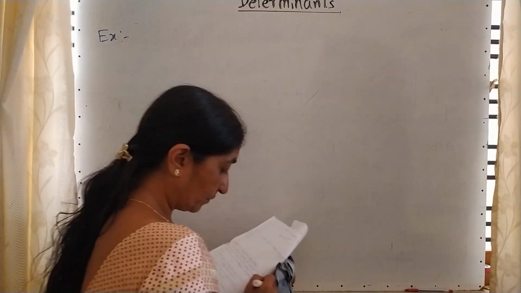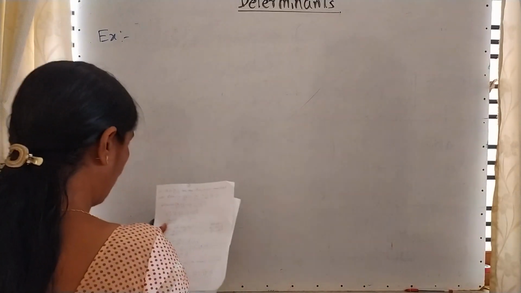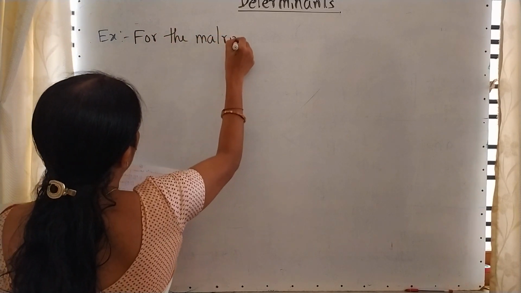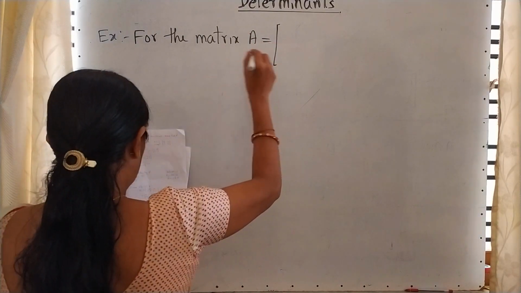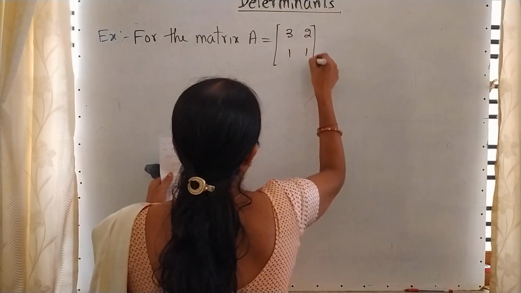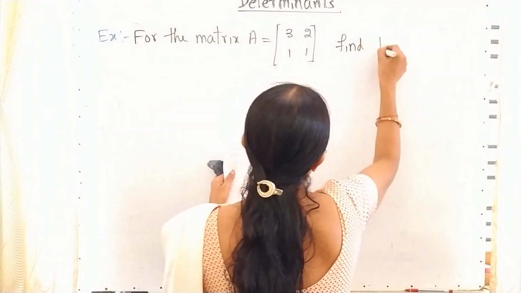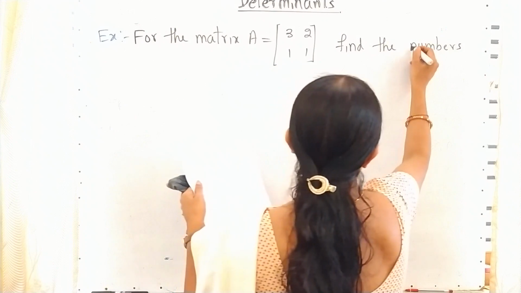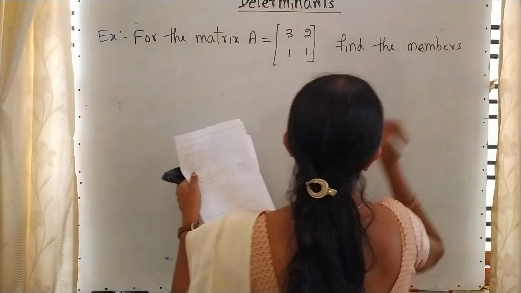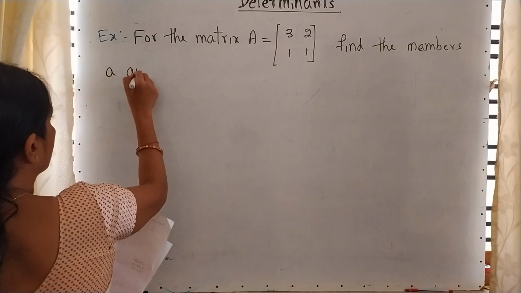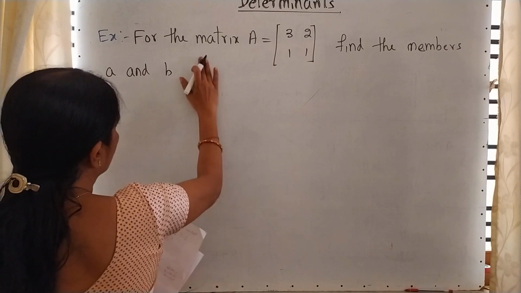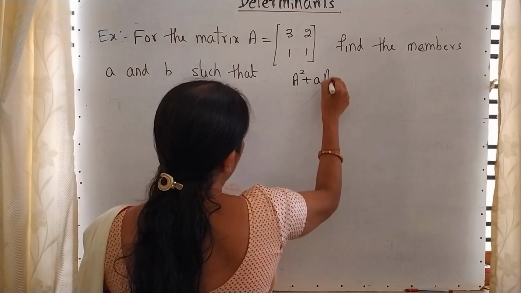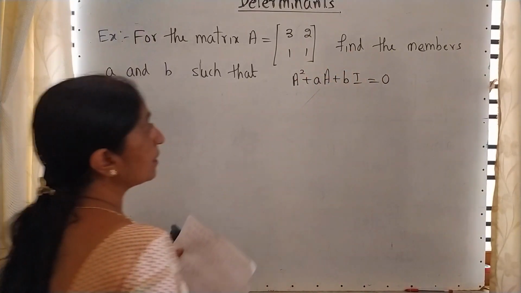Next example. For the matrix A is equal to [3, 2; 1, 1], find the numbers A and B such that A square plus A into A plus B into I is equal to 0.